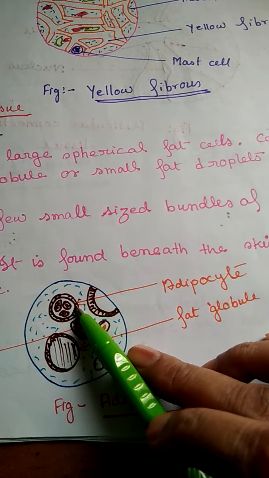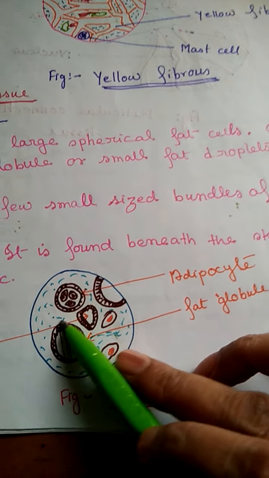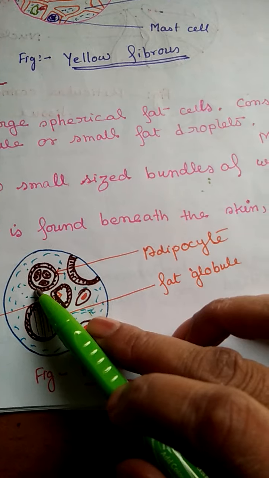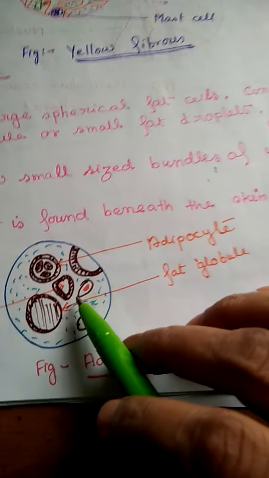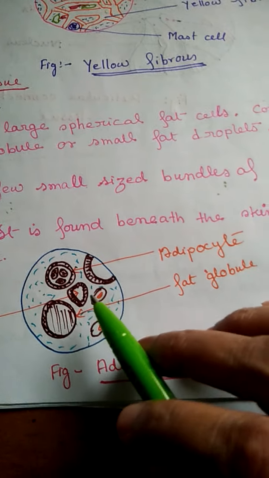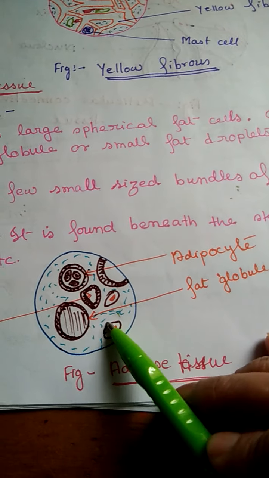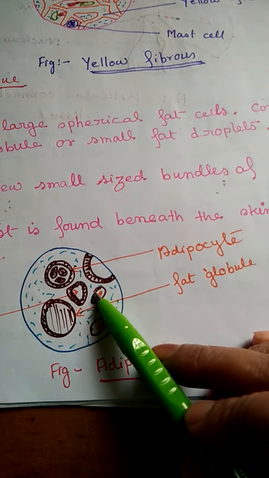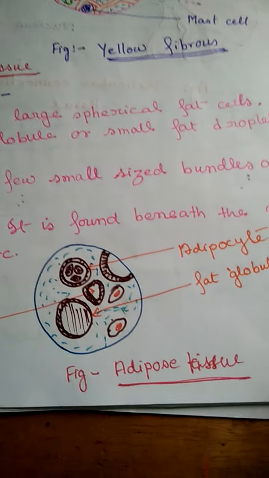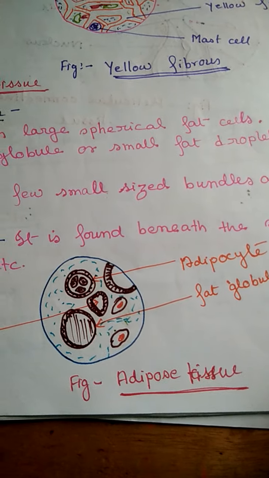This one is an adipocyte, a fat cell. Small bundles of fibers are there. They are found in the skin, kidney, eyes, and heart. The main function of adipose tissue is to protect organs like the kidney, eyes, and the heart.